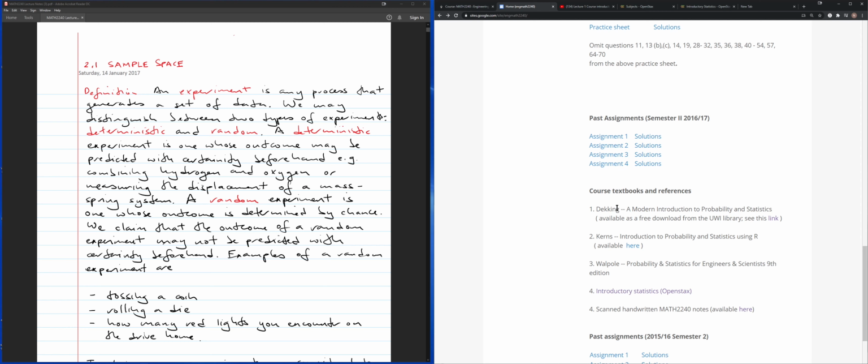And there are some textbooks available. For example, there's the Decking, which you can download from the UE Library. There's Kearns, where the PDF is available here.